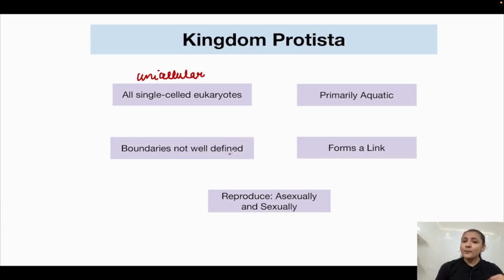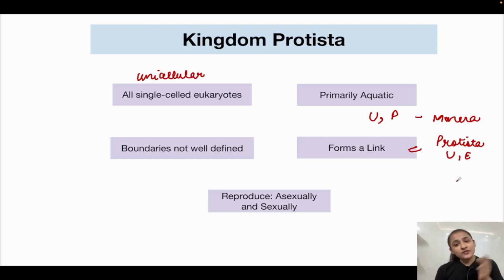They form a link between kingdom Monera, which comprised of what? Unicellular prokaryotic organisms. Monera में हमारे क्या थे? Unicellular organisms थे जो कि prokaryotic थे. फिर आया हमारा kingdom Protista, which comprised of unicellular eukaryotic organisms.